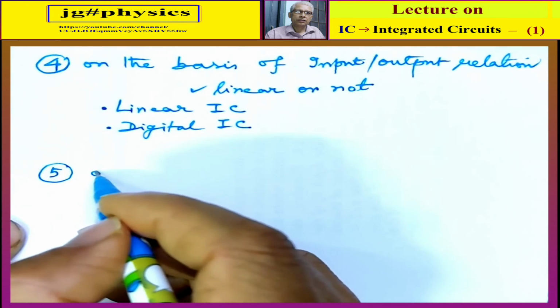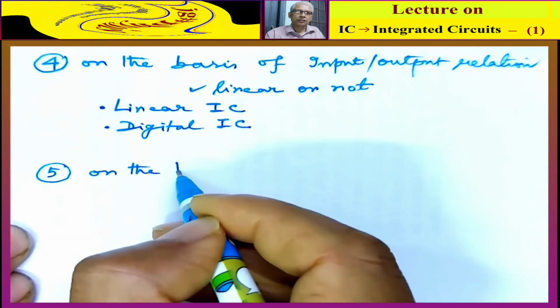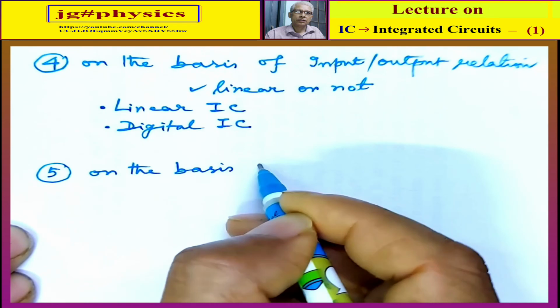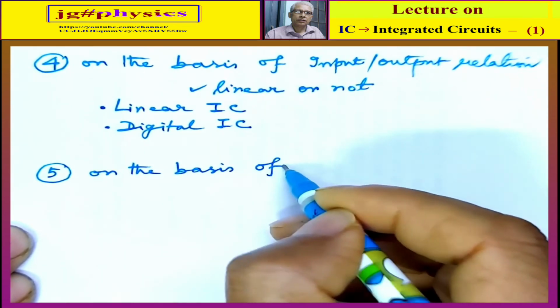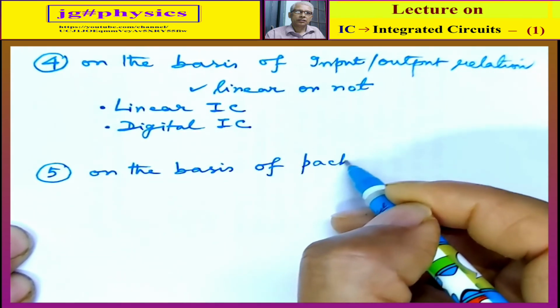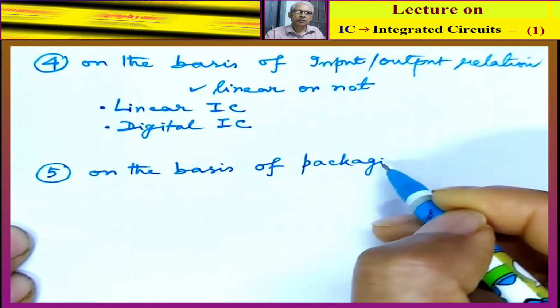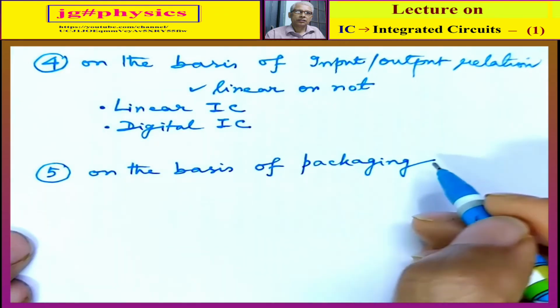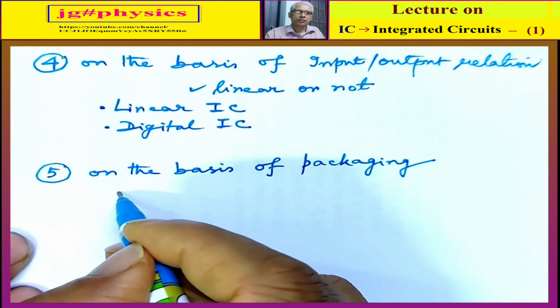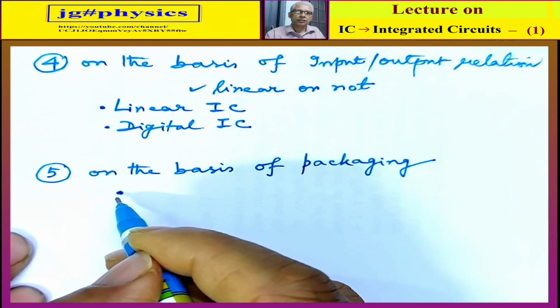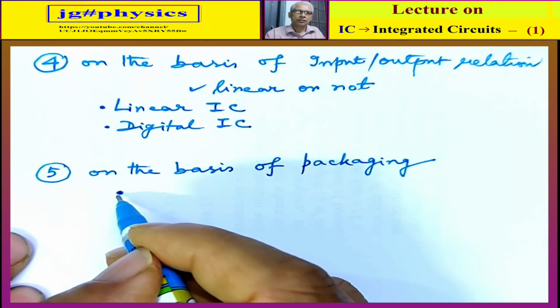The fifth way to classify ICs is to see how ICs are packaged, that is, on the basis of packaging. We shall discuss how chip is enclosed in a case.